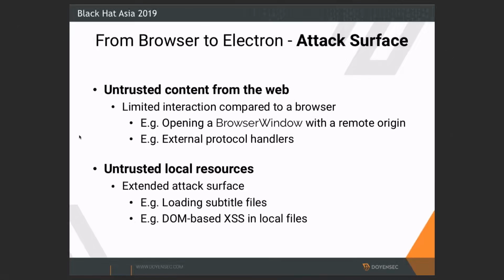And particularly, let's talk about two orthogonal aspects, one being attack surface. So how do we compare browser to Electron in that matter? So if we think about untrusted content from the web, well, that's why we have a browser. A browser gives the ability to browse to random websites, which is usually not possible in an Electron application, unless you're building a browser in Electron, which is highly discouraged.